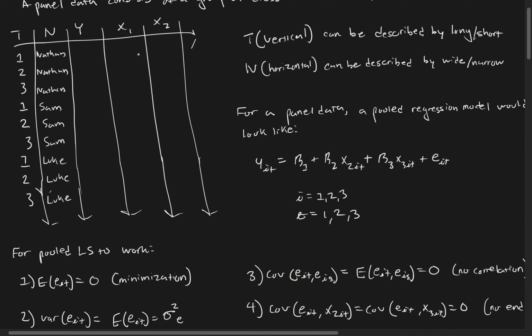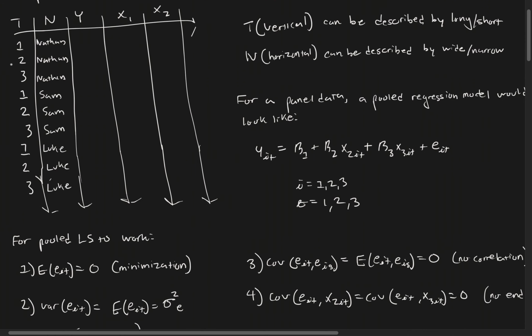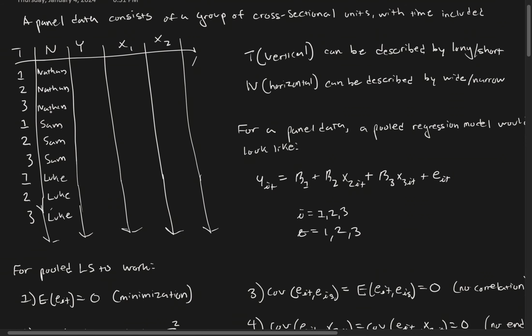So just generally speaking, when we're describing a panel data, if our vertical length given by time is relatively long, we'll say that the panel data is long, whereas if the vertical length of the time is short, then we'll say the time is short.